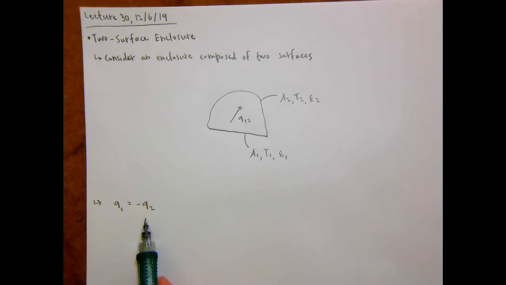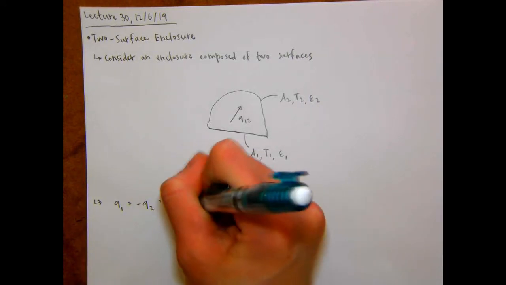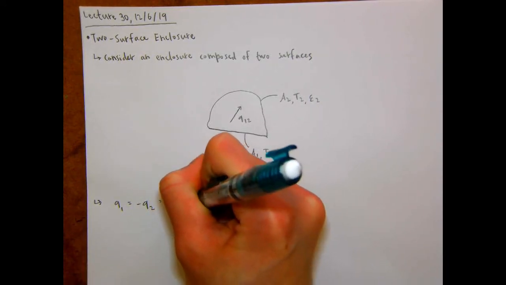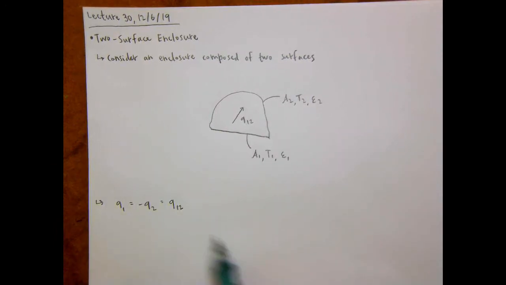So the net radiation to surface 2. And it's negative because we're assuming that Q sub 1 is the net radiation from a surface. So negative Q sub 2 is going to be the net radiation to that surface. And that's equal to the net radiation exchange between just the two surfaces.